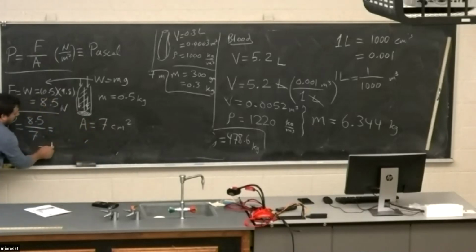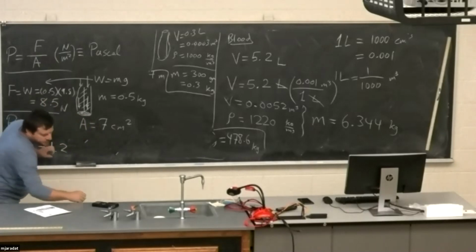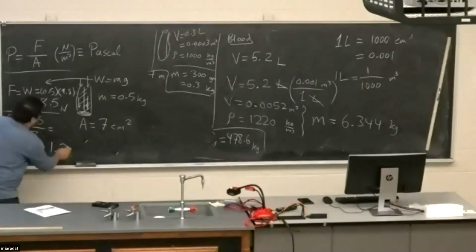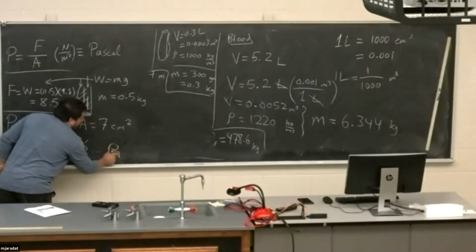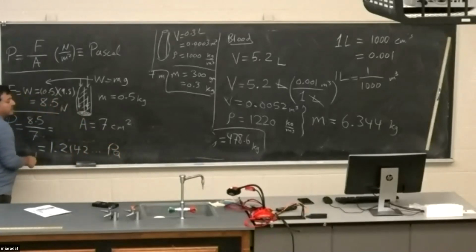It is equal to 1.2142 Pascal, Pa. When you put the bottle of water on the top of your hand, this is the pressure, just 1.2 Pascal, like that. Okay?